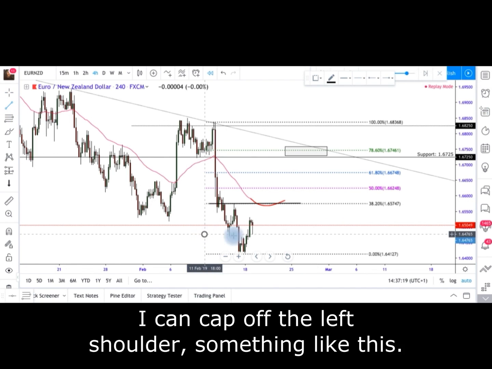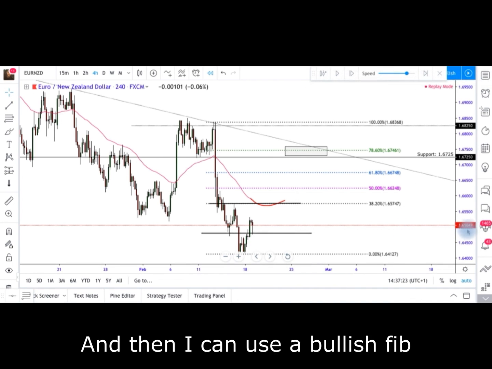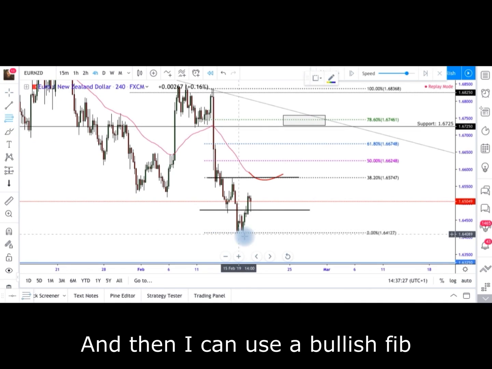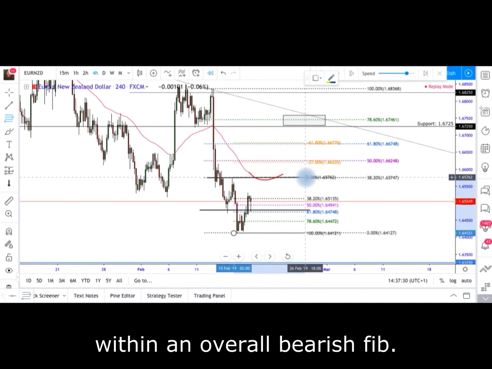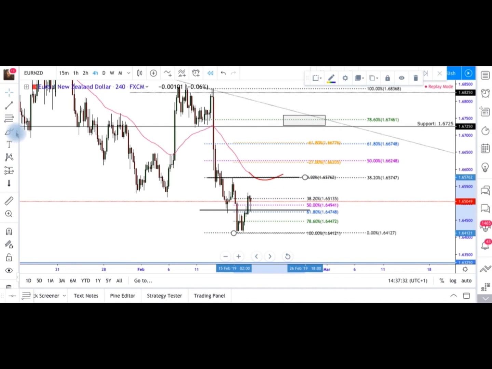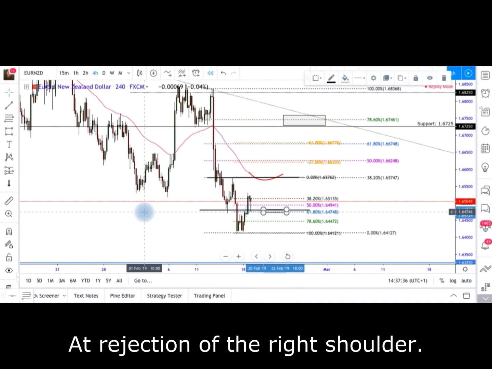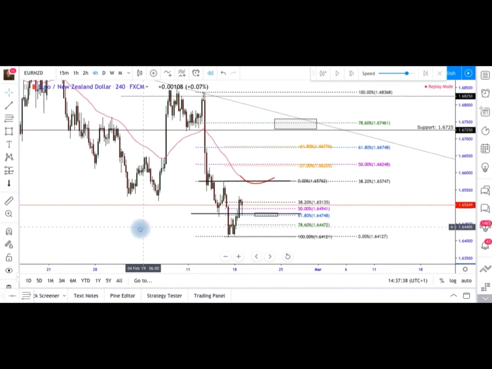I can cap off the left shoulder, something like this. And then I can use a bullish fib within an overall bearish fib. And I'd be looking to place a counter trend trade at rejection of the right shoulder.